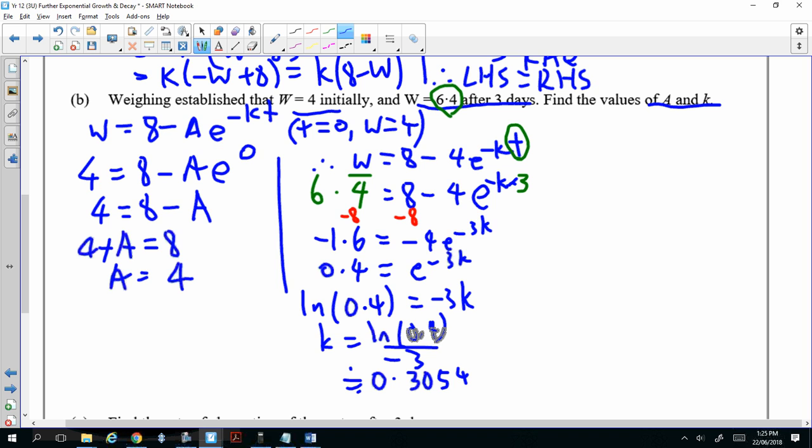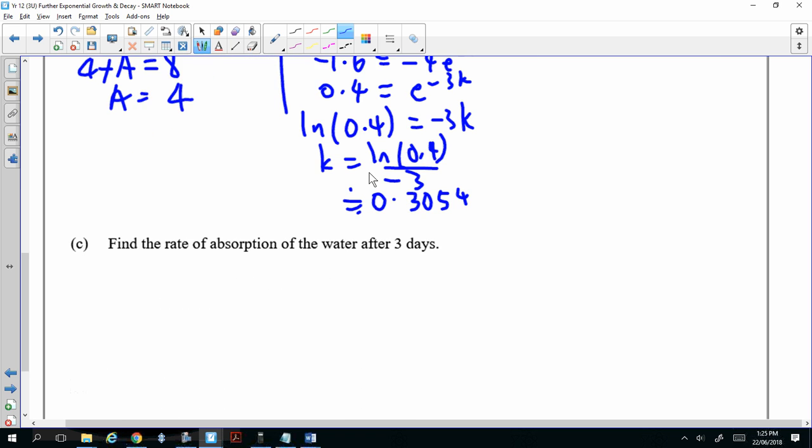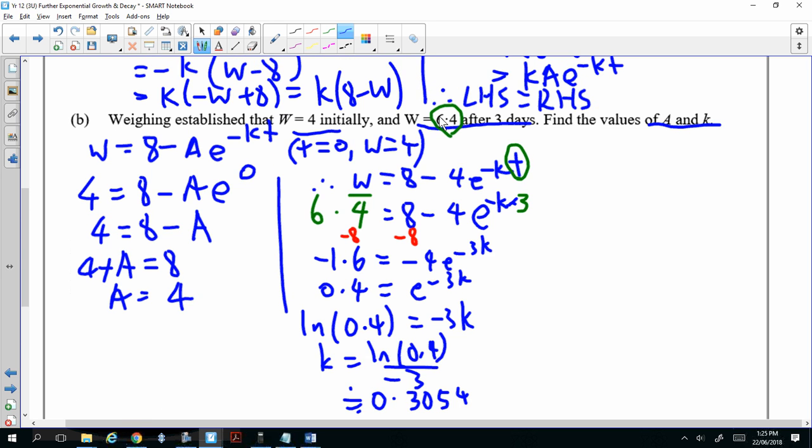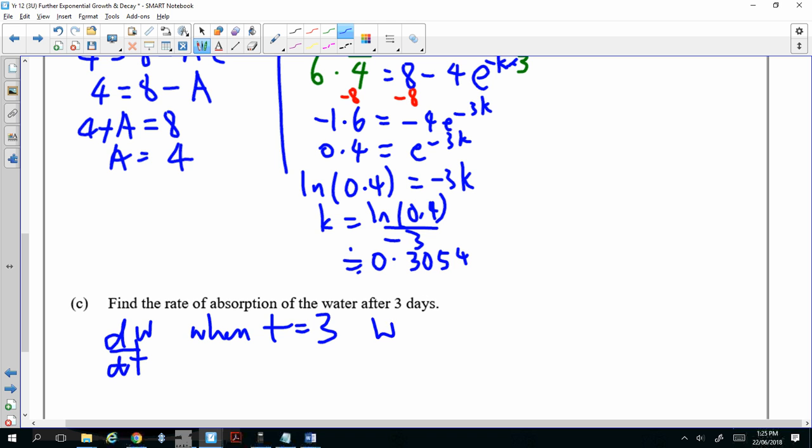Okay, good. So to answer this question, you have to find dW/dt when t equals 3. But the good thing is I know what the water content after 3 days is exactly: W is 6.4 from part B. So in that way, I could use this formula, dW/dt equals k times (8 minus W).